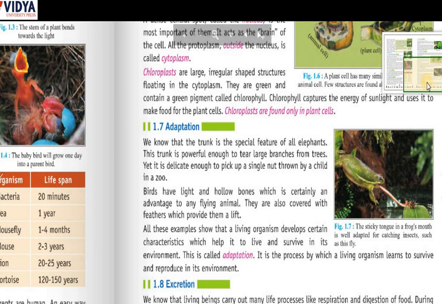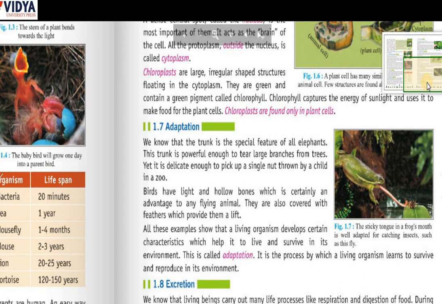For example, polar bears in the Arctic Circle have thick fur which protects them from extreme cold. Birds have light and hollow bones which make them light in weight and also help them to fly. And they are also covered with feathers which provide them lift.